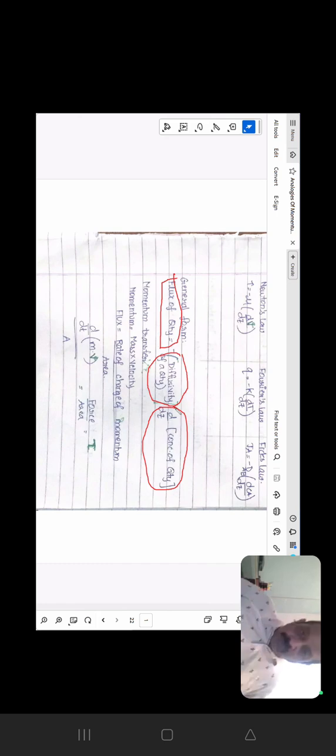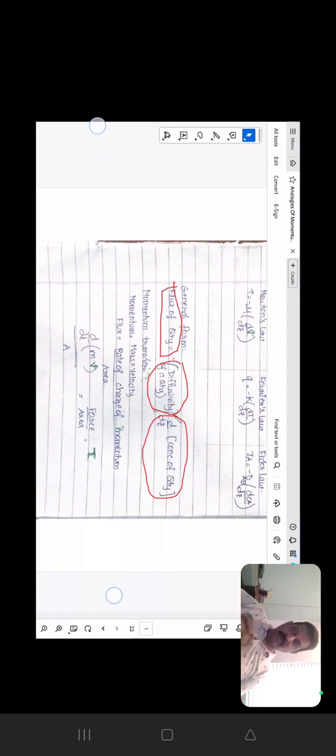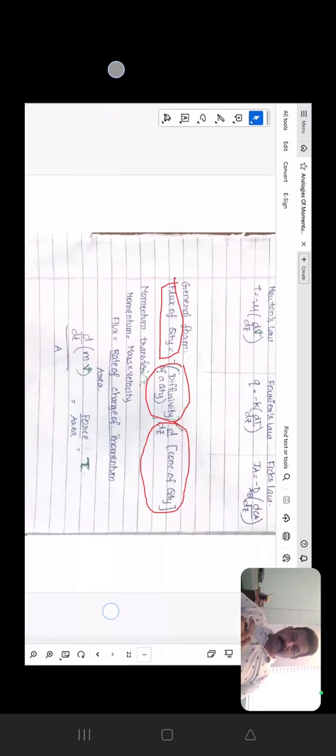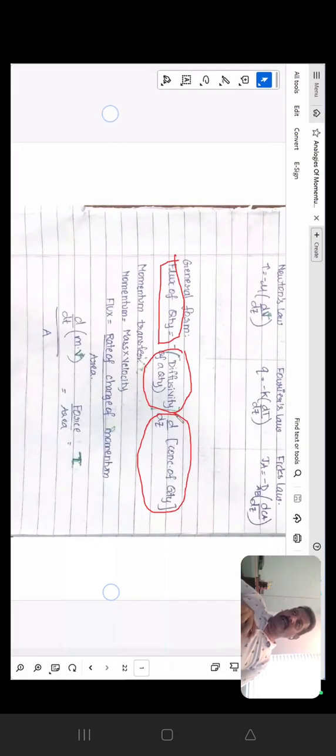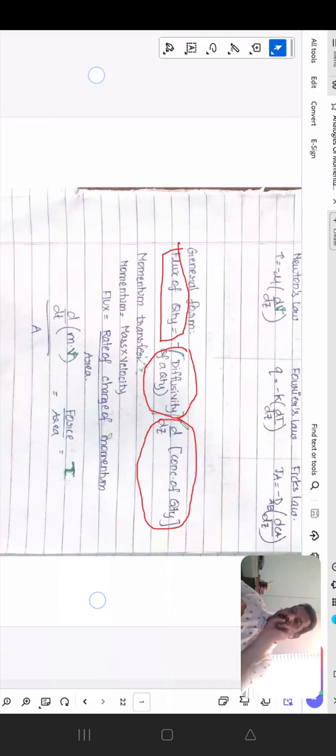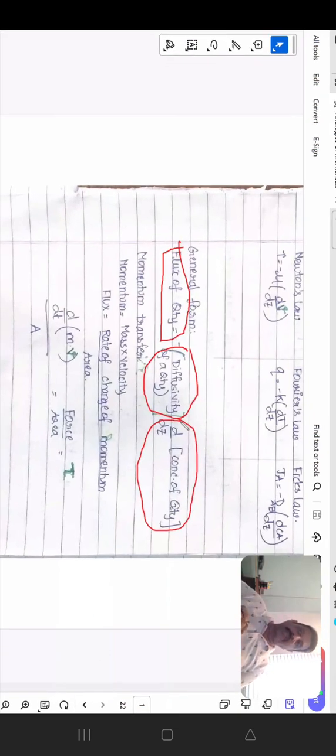heat flow, right? So when writing the general form, I can write: flux of a particular quantity is equal to some constant of proportionality, say diffusivity or thermal conductivity or viscosity, multiplied by the concentration gradient.